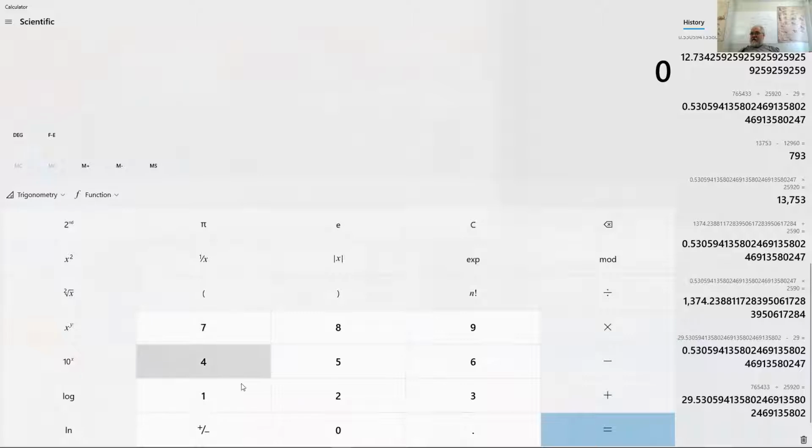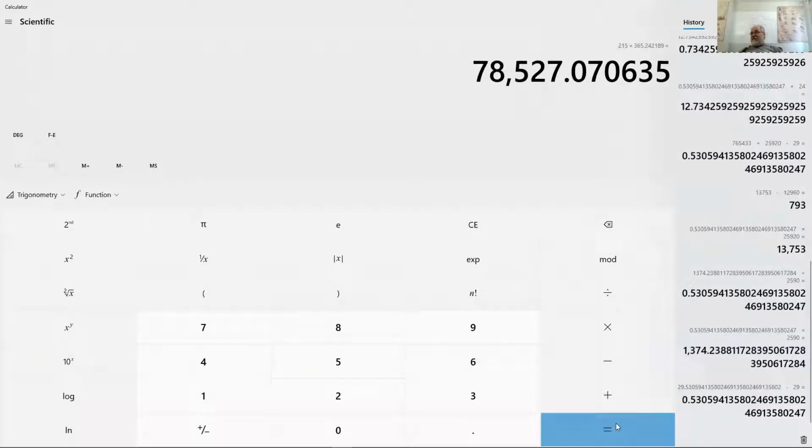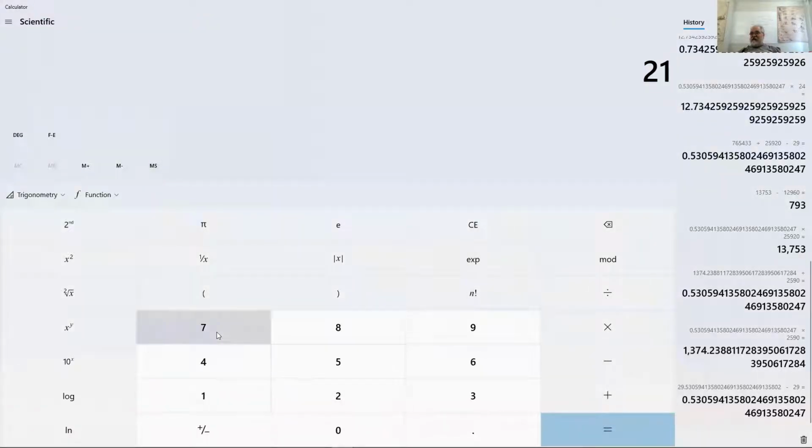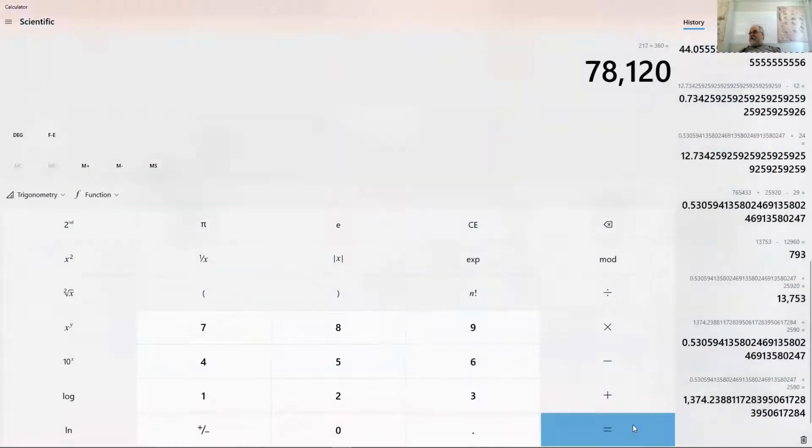Okay. Now, I could also multiply 215 and find the actual number of days. So roughly, this isn't 100% accurate, but it's close: 78,527 days. Now, if I took 217 years and I multiplied it by 360, what do I get?